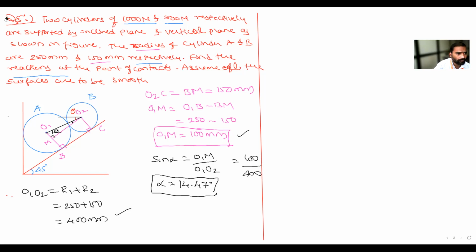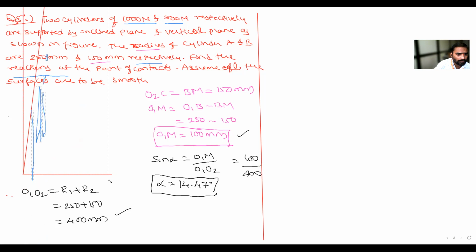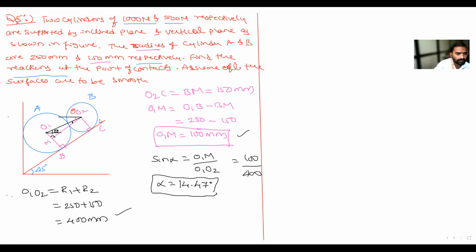Just a minute, I will enlarge it. So this is theta, correct? And this is alpha. My aim is to find out the theta value, because this reaction is making an angle theta with respect to horizontal.